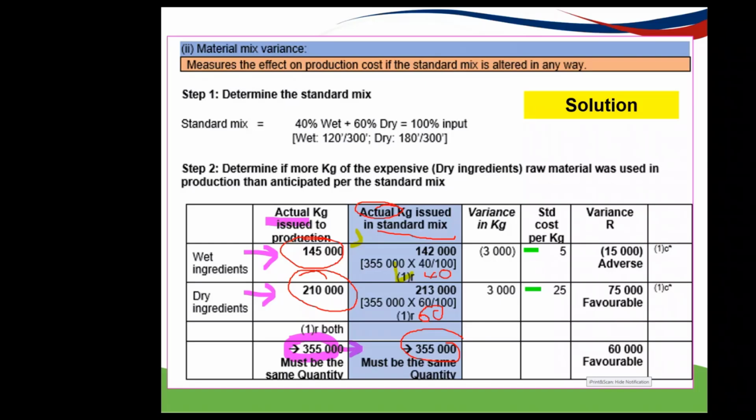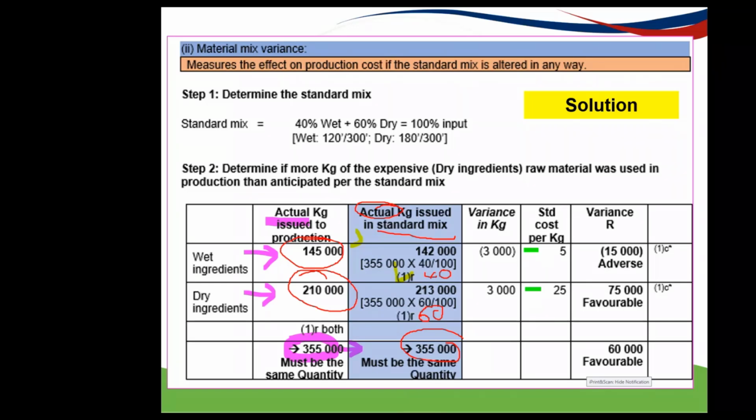So based on that, you'll see she used unfavorable, so she used more actual of the wet ingredients than she was supposed to. So if you look at the actual, it's 145, the wet is 142, so she used 3,000 more eggs. And then that means she used 3,000 less of the dry.